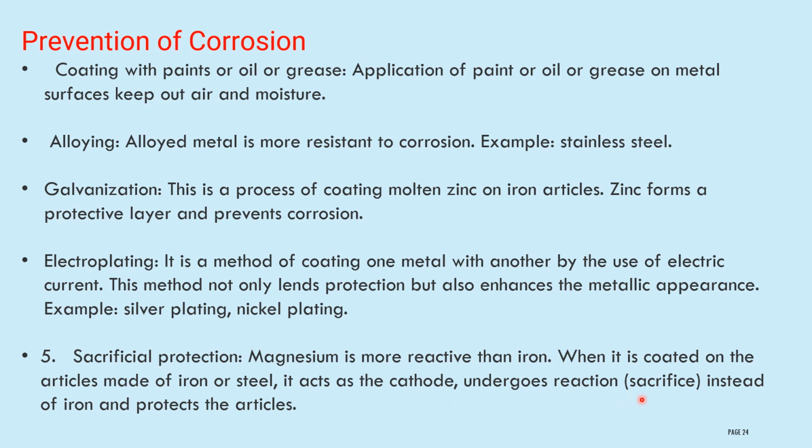That reaction we call a sacrifice instead of iron, and it protects the articles. Here also the magnesium disconnects the contact between oxygen and water present in the air. Then it will protect the metal from corrosion. These are the very good, important methods by which you can prevent corrosion.